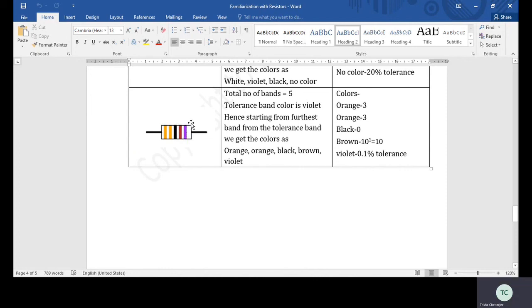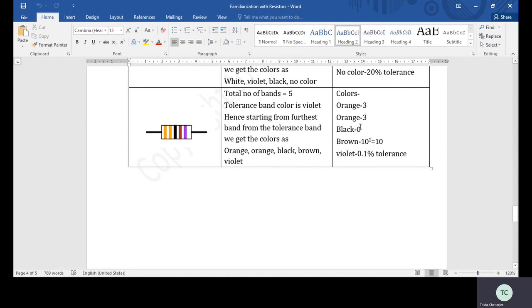So for a 5 band resistor, the first three are the digits, the fourth one is our multiplier, and the last one is our tolerance. So orange at third position, orange at third position, and black at zeroth position. So 330 is our value, and then brown has 10 to the power 1, equal to 10.